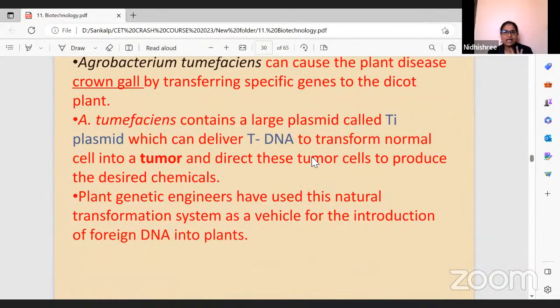It contains a large plasmid called the Ti plasmid. The Ti plasmid is found in the bacterium Agrobacterium tumefaciens, which can deliver T-DNA to transform normal cells into tumor cells. Plant genetic engineers have used this natural transformation system as a vehicle for the introduction of foreign DNA into these plants. Okay. Now let us discuss certain questions again.